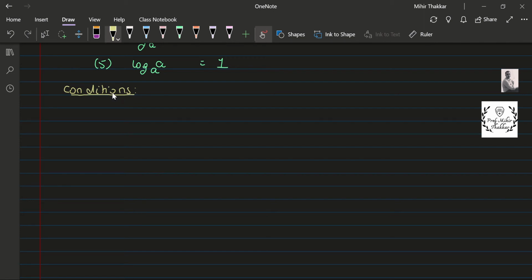The first condition is that the question is in the form of function raised to function, or x raised to function, or a function raised to x.